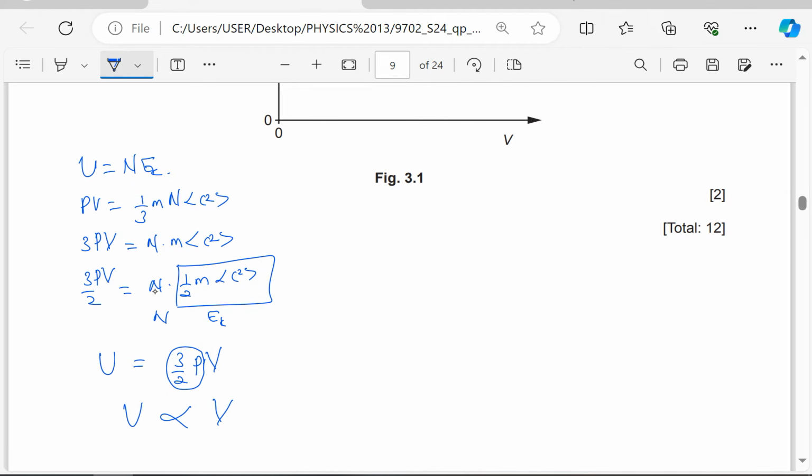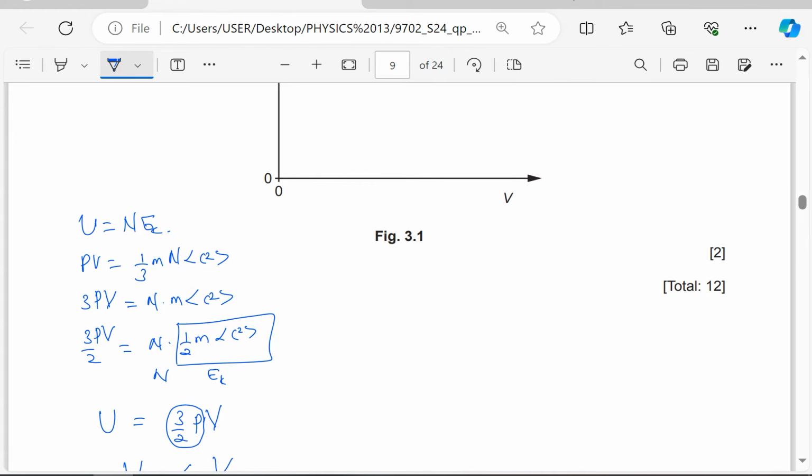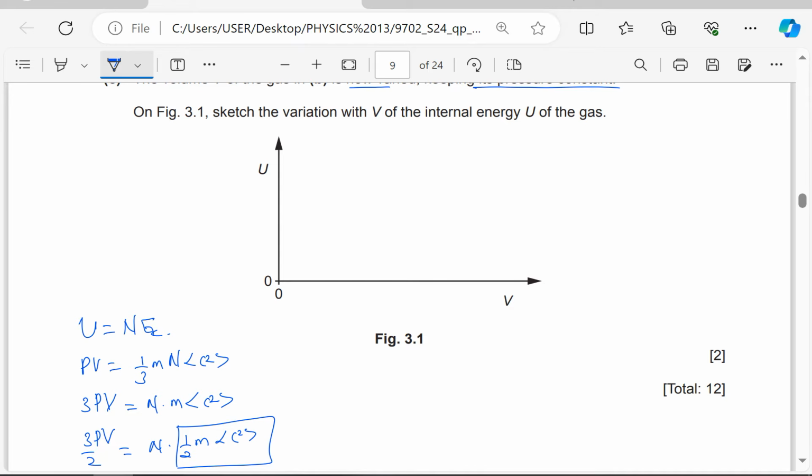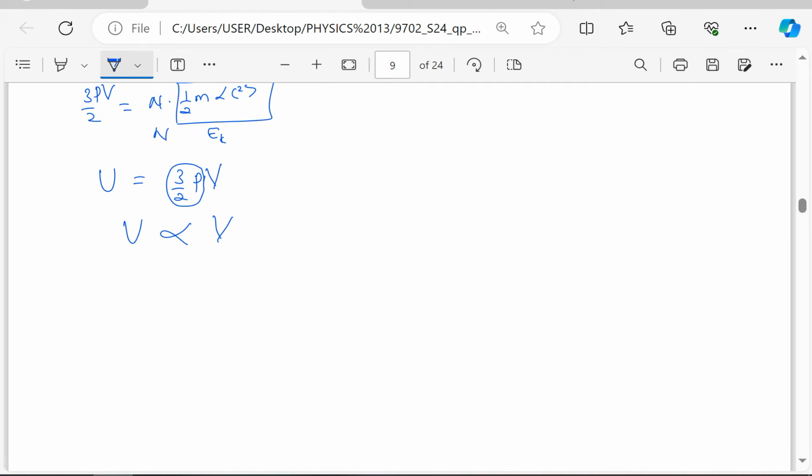So I'll draw a straight line through the origin. It must be a straight line through the origin, because 3 over 2 times P is going to be constant, since they say the pressure is constant. The gradient is positive. The line goes through the origin. As simple as that.